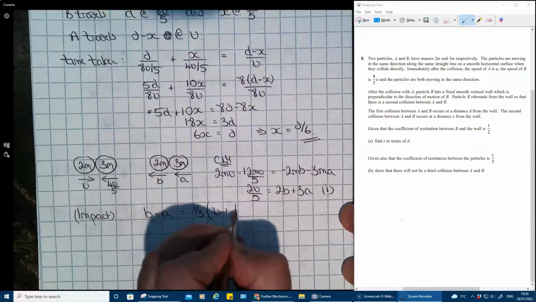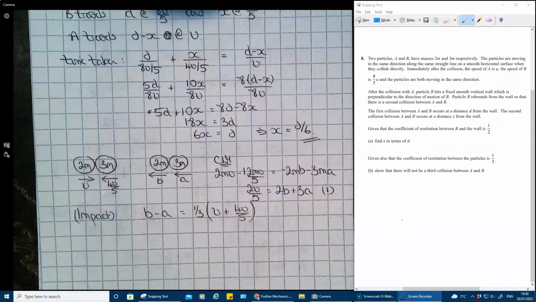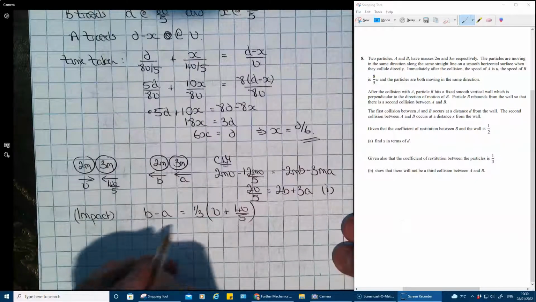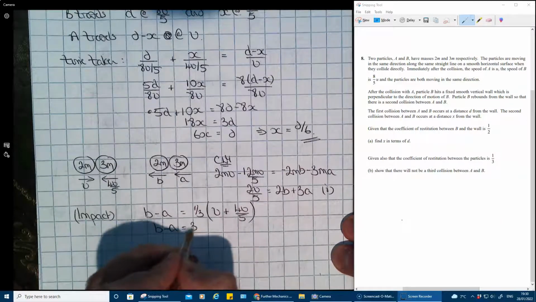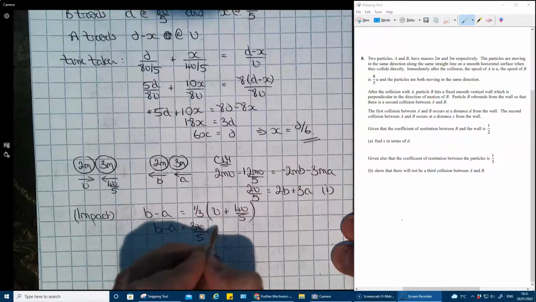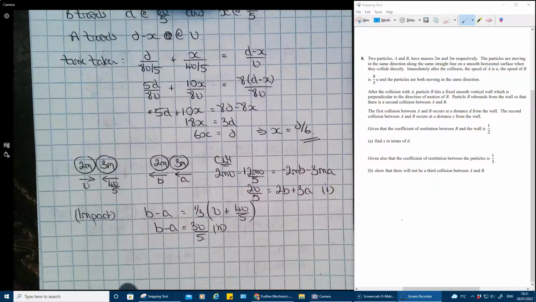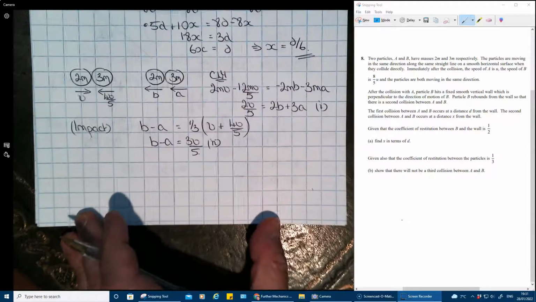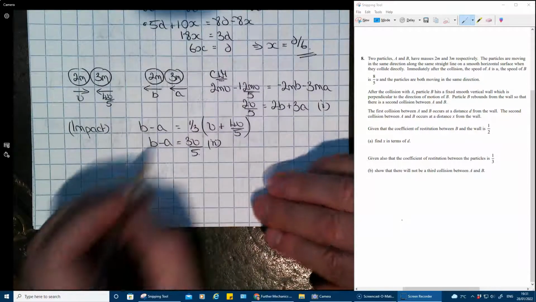So 4u over 5. Okay, because they're going towards each other, we add the two speeds together. And here we get b minus a equals 3u over 5. Equation 2. So now it's just a matter of solving that to find a and b. Let's just move it up a little bit. So we're going to solve those two using 1 and 2.